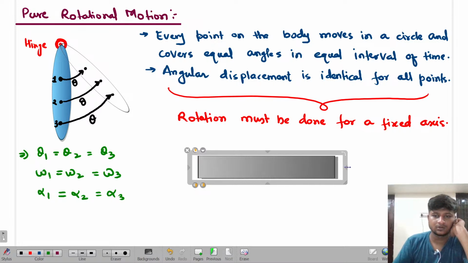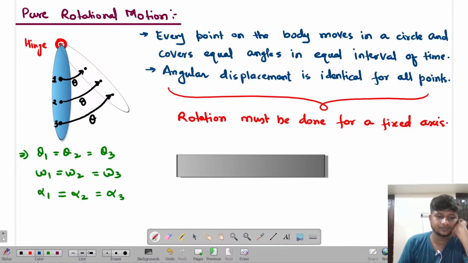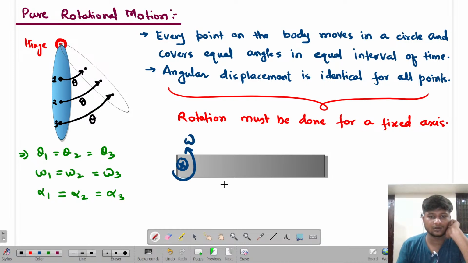Now, on this rod, I'm doing the same thing once again: I have fixed one of its points and I'm rotating it with angular velocity omega. So if I select two points, point A and point B, what will I see? The distance remains the same, and according to circular motion, this moves with the same omega, or say according to the rigid body concept, this would move with the same omega. Are you able to get me or not?